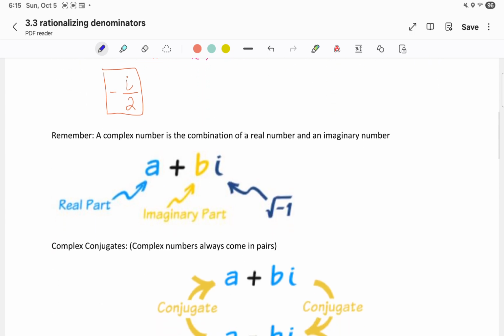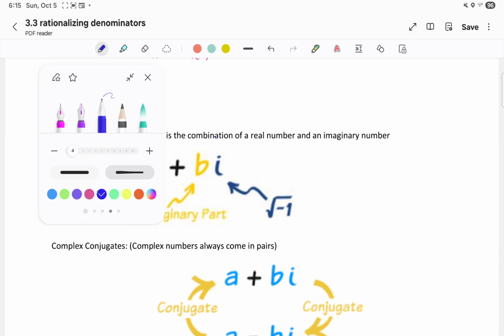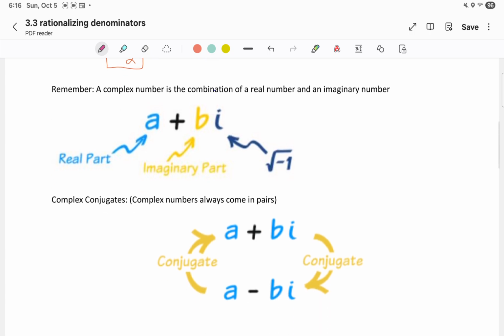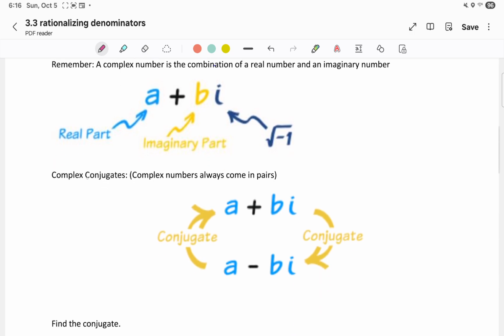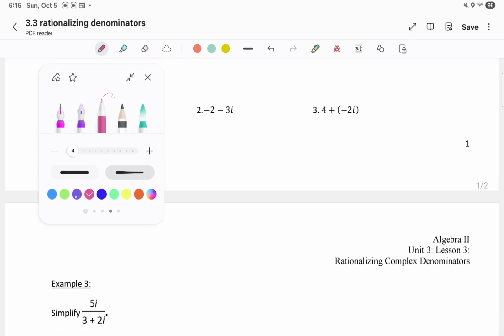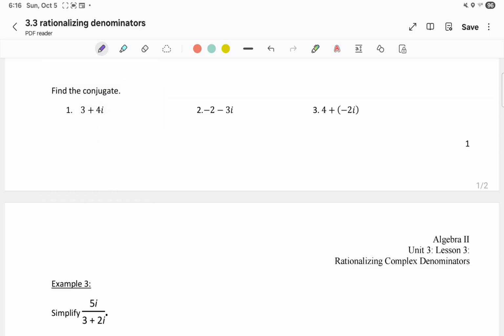So remember, a complex number is a combination of a real number and an imaginary number. So when you are dealing with it in the denominator of a fraction, this means that you have to use something called the conjugate. So complex numbers always come in pairs, and that conjugate is just switching the sign. So we're going to find the conjugate of these 3 imaginary numbers before we dive into multiplying by the conjugate.